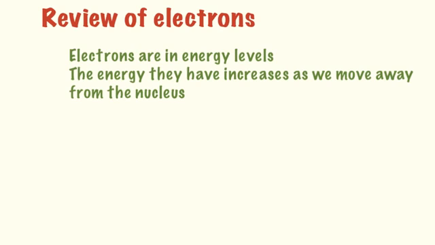So in other words, the electrons in the K shell require less energy than the electrons in the L or M or N for that matter. All right, so as we go away, it's increasing the amount of energy needed. And this is important when we decide to move between these energy levels and create the spectra.